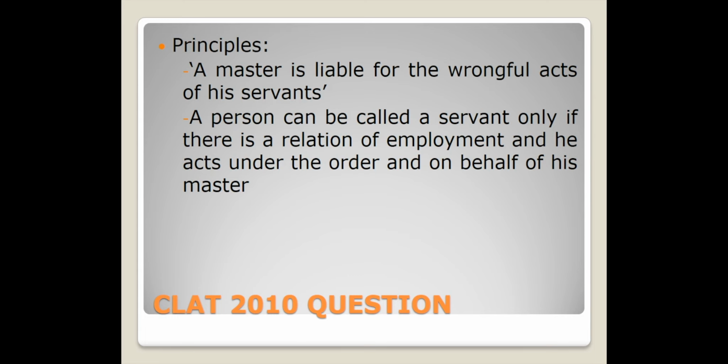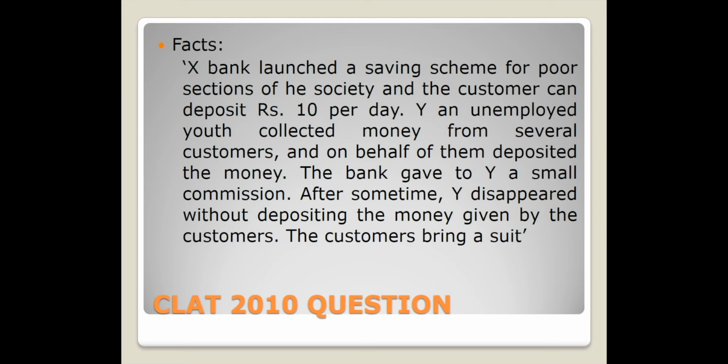Facts: X bank launched a savings scheme for poor sections of the society and the customer can deposit rupees 10 per day. Y, an unemployed youth, collected money from several customers and on behalf of them deposited the money. The bank gave Y a small commission. After some time, Y disappeared without depositing the money given by the customers. The customers bring a suit.